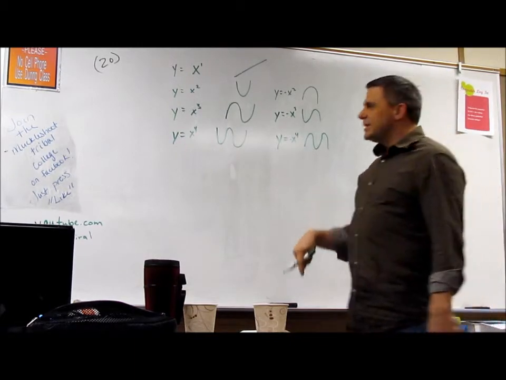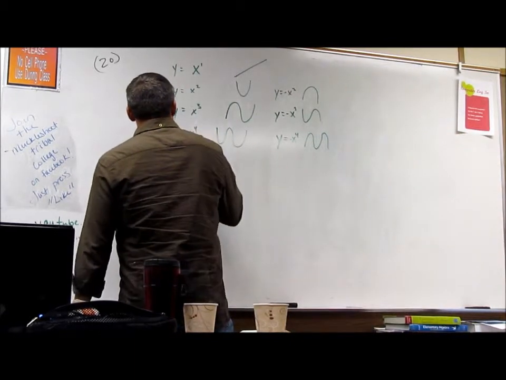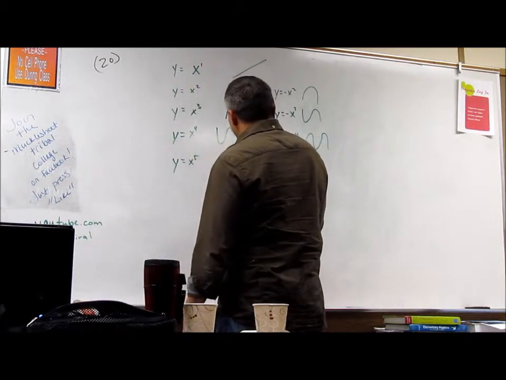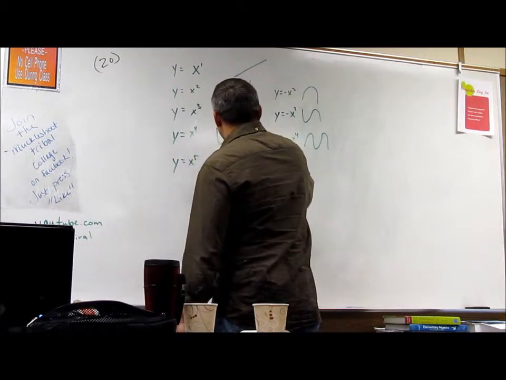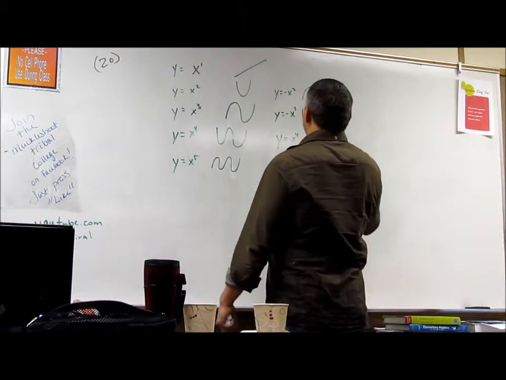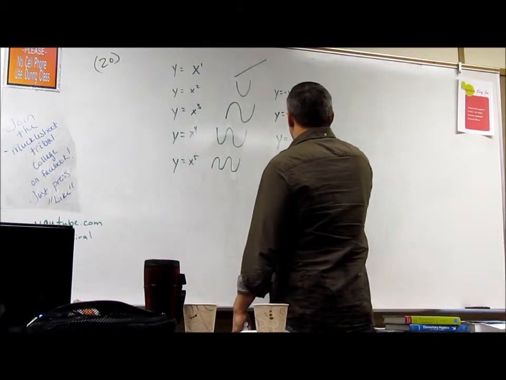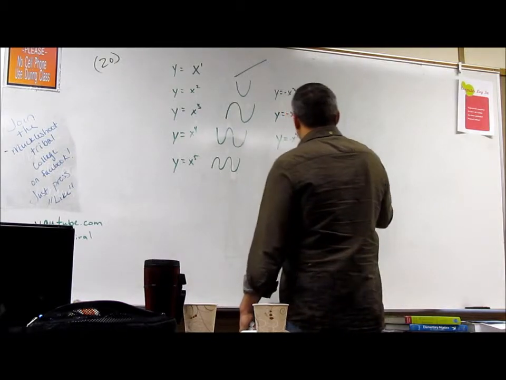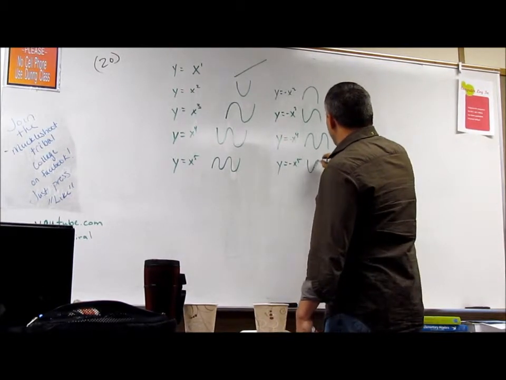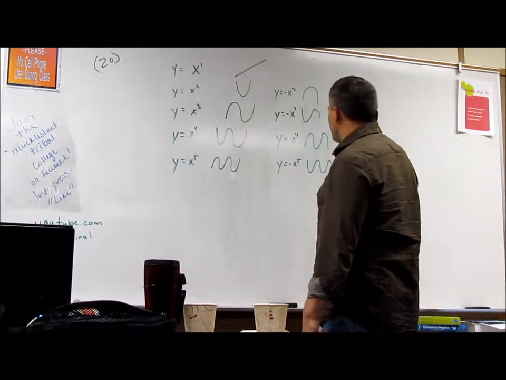All right, well, let's look at the next one. So we went to y equals x to the fifth. And we found that, again, it frowns in the beginning, but smiles in the end. And now we see the pattern. Negative x to the fifth, it smiles in the beginning, but frowns in the end.